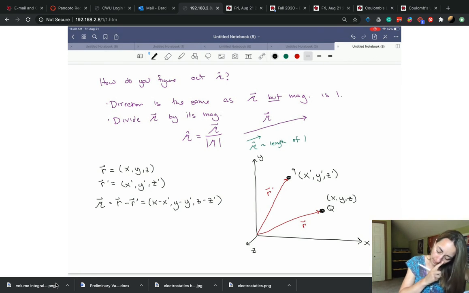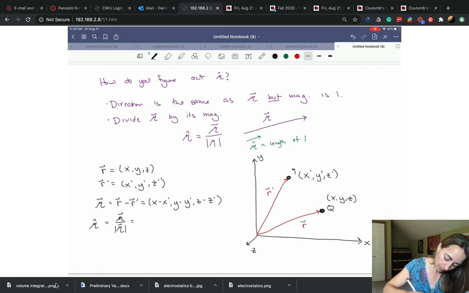So if I know the positions of these two charges in a coordinate system and I want to figure out my r hat vector, that unit vector, remember I'm taking my script r over the magnitude of script r, the separation vector.